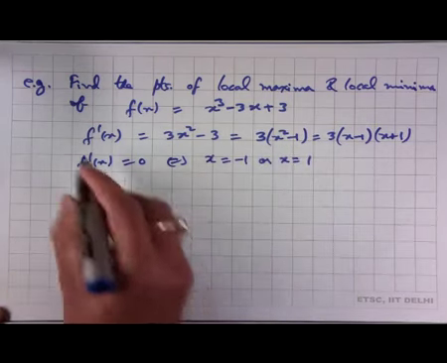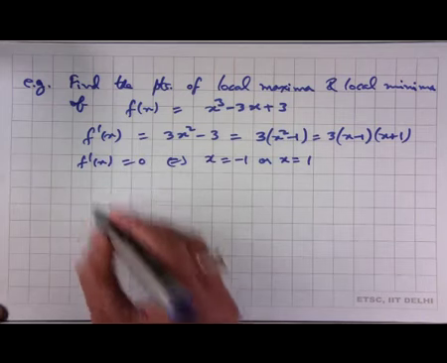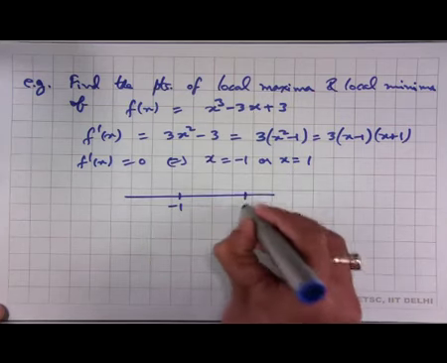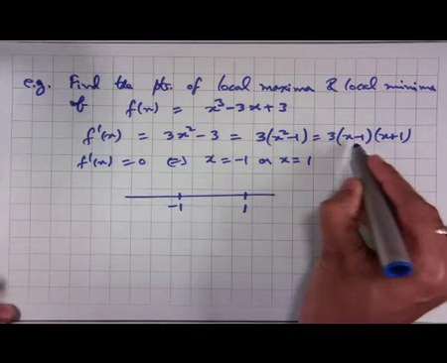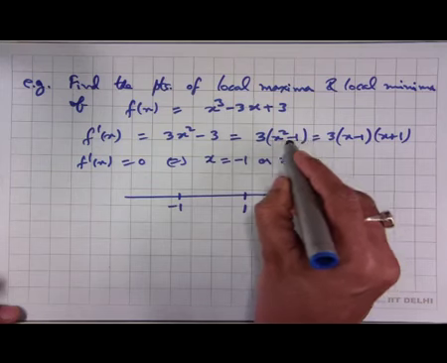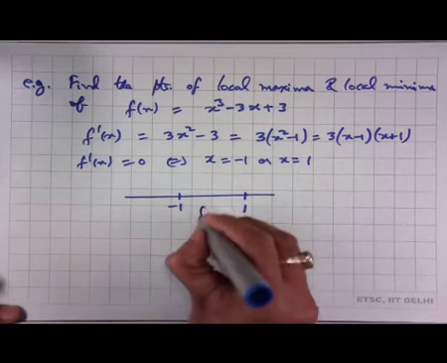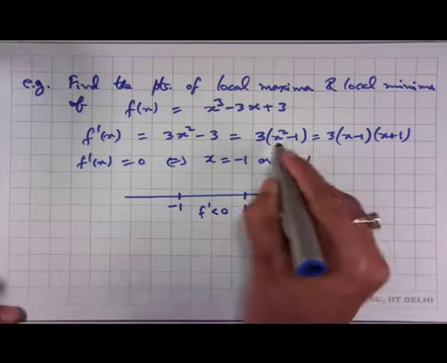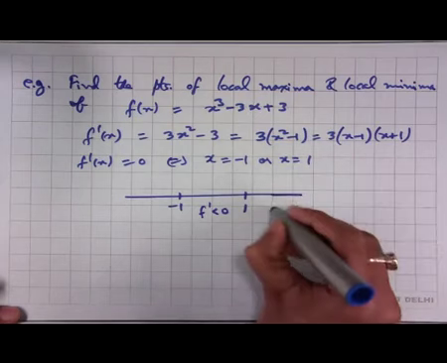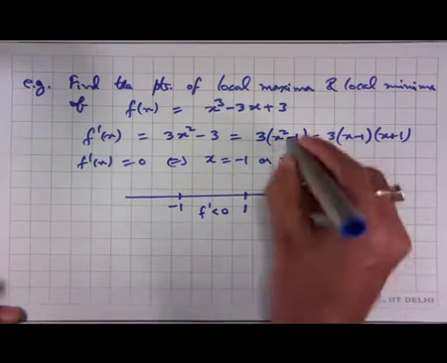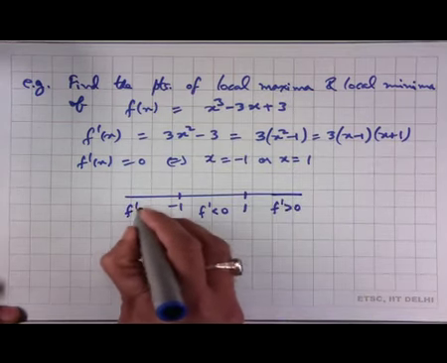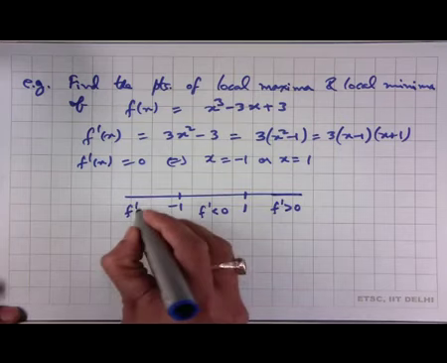and then we see the sign of f'(x). So, we have critical points minus 1 and 1, and then we see that f'(x), with x squared minus 1, is negative if x is between minus 1 and 1, and if x is greater than 1, then f'(x) is positive, x squared minus 1 is positive, and also if x is less than minus 1, then f'(x) equal to x squared minus 1 times 3 is positive.